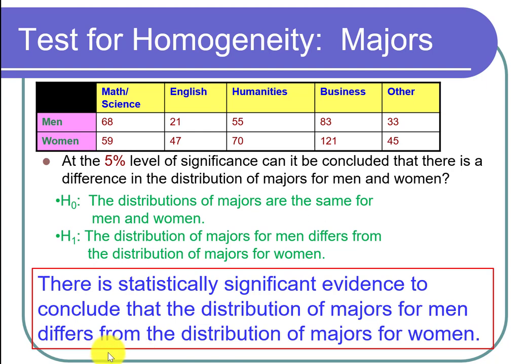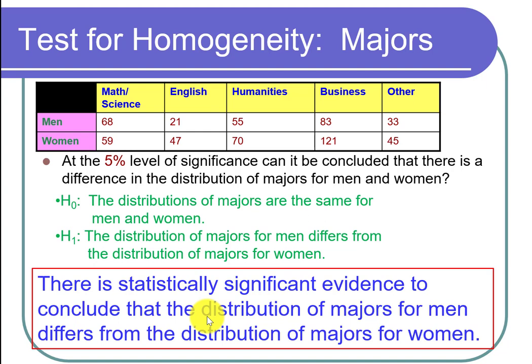One of the things we can't do is say which of the majors differ by men and women. All we can say is there's a difference in the distributions. We can't get into details. To get into details, you need to take an advanced statistics class. But in elementary stats, we just talk about, are the distributions the same or are the distributions different?